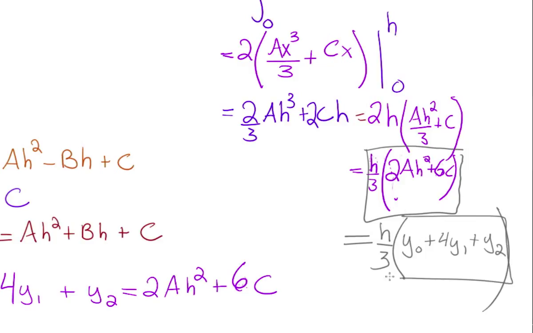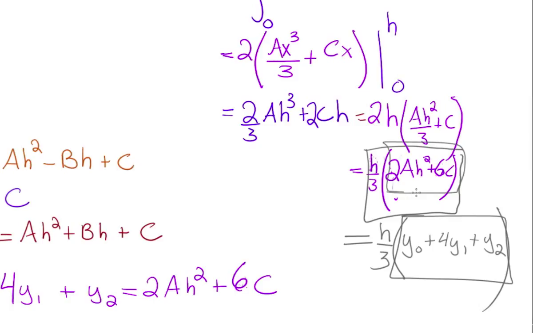This right here is exactly that. So these two are the same. That's for one subinterval, and then the idea is, of course, we'll just extend that to multiple subintervals and add them all up.